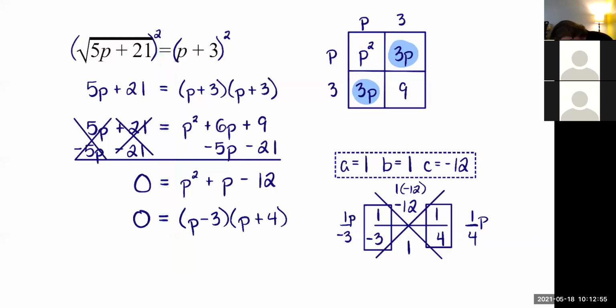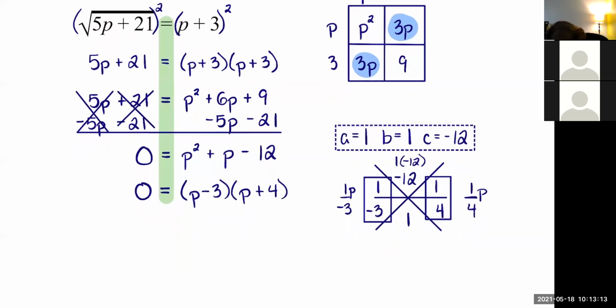Now that it's factored and set equal to 0, this is a zero product property situation. If you have a product set equal to 0, at least one of those parts of that product themselves must be 0. So p minus 3 equals 0.